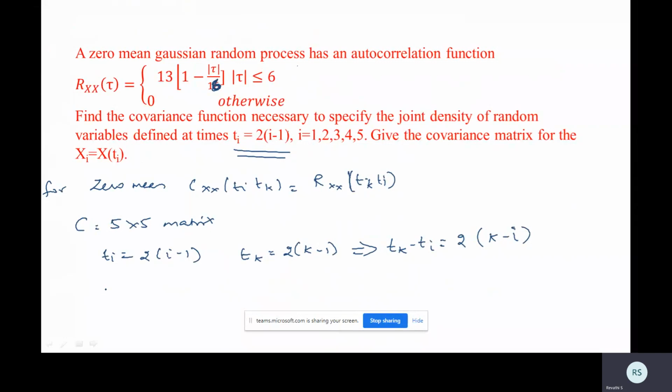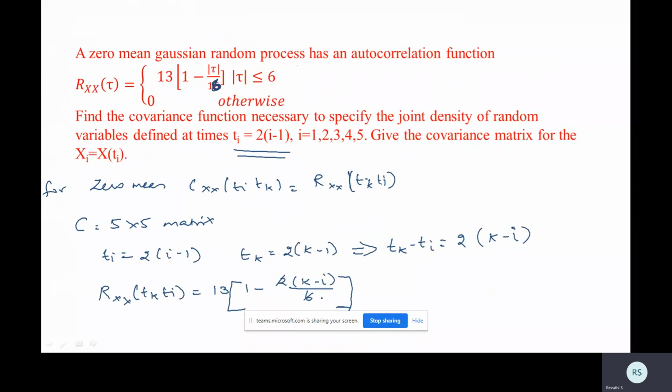Now you write what is Rxx of Tk comma Ti. It's nothing but, in the place of tau, you are going to replace with 2 times of K minus I. Which is nothing but 13 into 1 minus 2K minus I divided by 6.